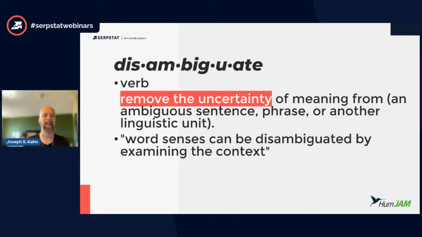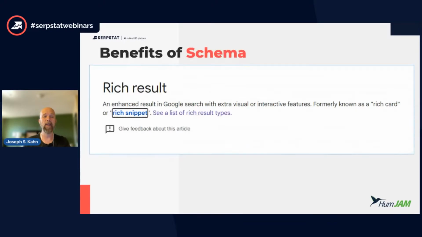Here's the word to write down, post this. Disambiguate. This is what we want to do when we write content, when we do anything that we want to get ranked or get Google to take any action, is to remove the uncertainty of the meaning from ambiguous sentence, phrase, other linguistic unit. Word senses can be disambiguated by examining the context. Okay, so we want to disambiguate, and that's one of the benefits of Schema.